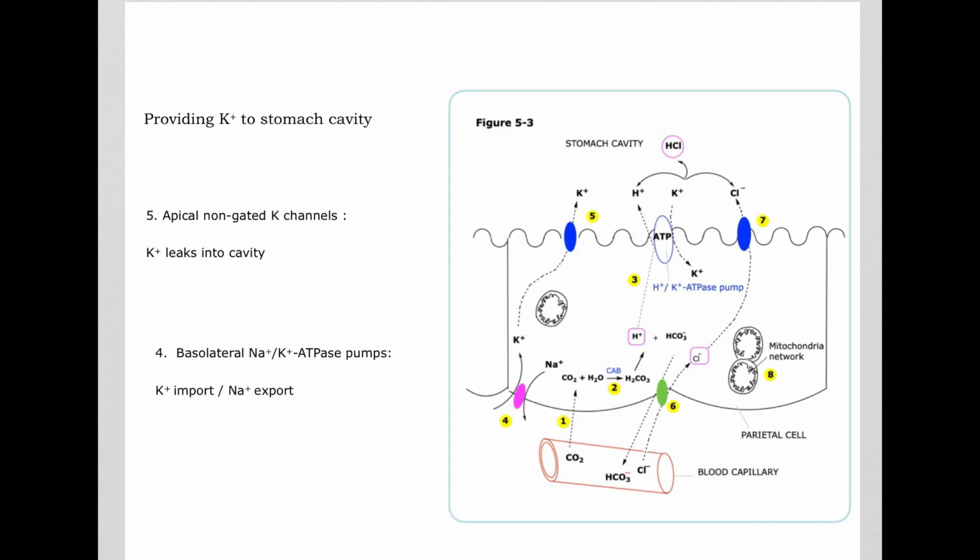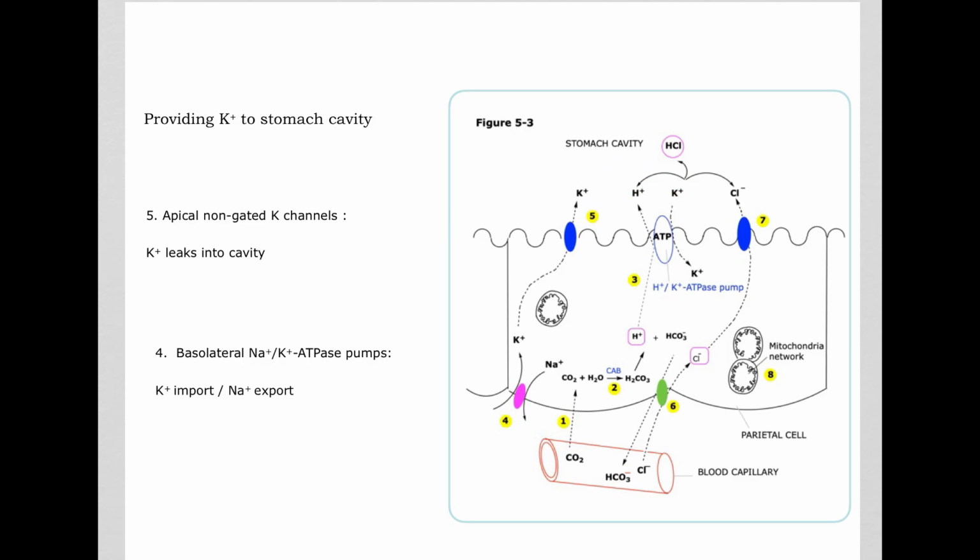Since this proton pumping is done with the help of bringing in potassium, we need to have enough potassium in the stomach cavity. So the next question would be, where does this potassium come from that is required by these pumps?